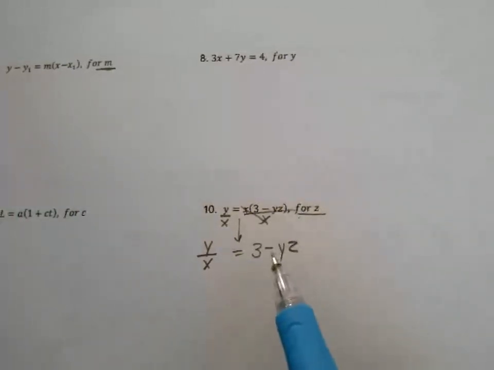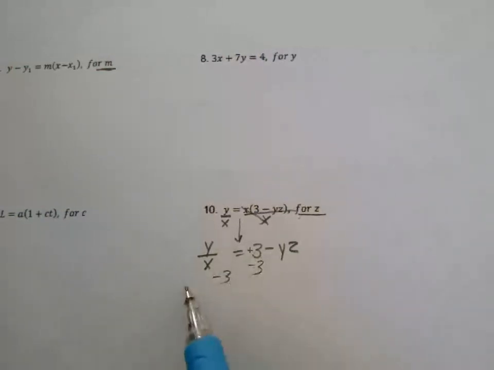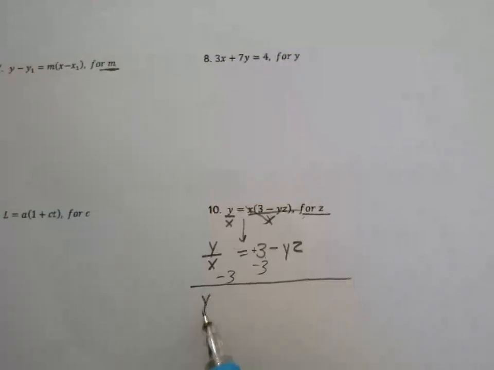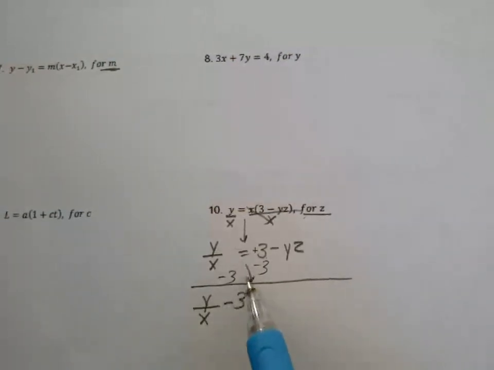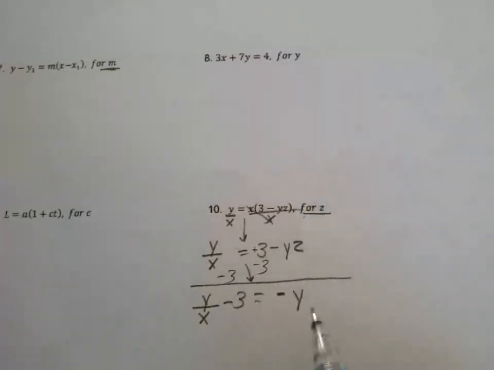Now we're going to get z by itself. Just get rid of the positive 3 first, so subtract 3 on both sides. This gives you y divided by x minus 3. Bring down the equal, and you're left with negative yz.